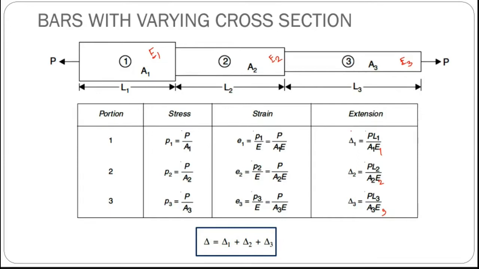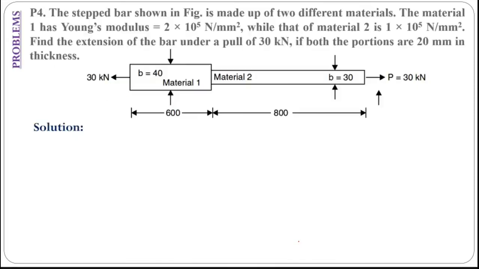All these small pieces, you just add. That will be the total extension of your bar. So the problem is similar, but we split it into small pieces and solve it. This is the next step. Let me proceed with a problem related to that.